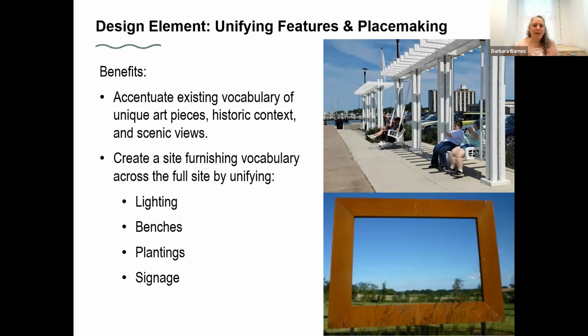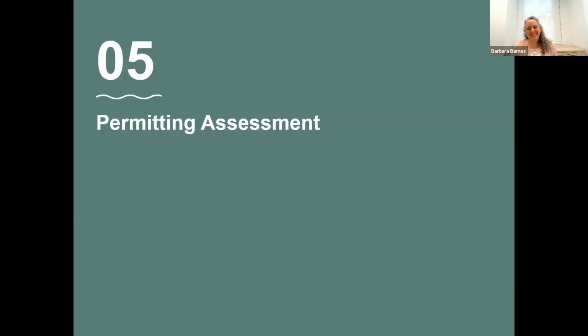Just having one bench, one lighting, one type of signage, to really have a vocabulary that speaks to the whole park would be helpful in creating a sense of place, so that you know you're within this park no matter where you are within the park. That's very easy, and these are very one-off projects that are easy to do. So with that, I'll turn it over to Dave.